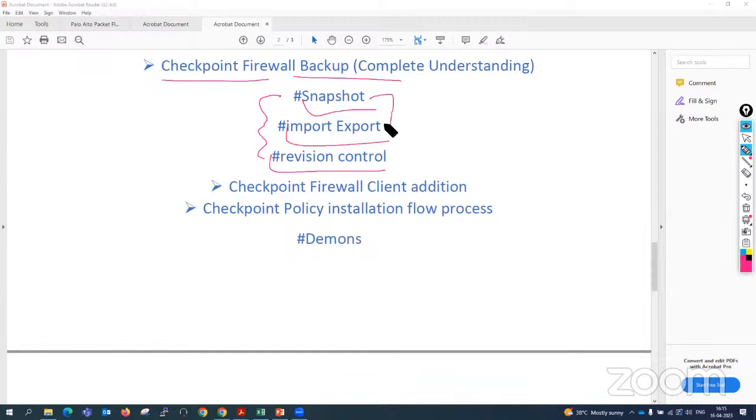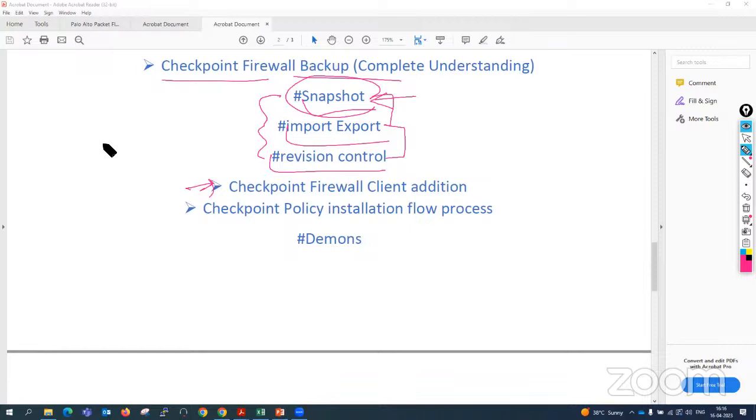In which scenario should you consider the snapshot backup, in which scenario the import export backup, in which scenario the revision control backup? I'll be telling you what benefit the snapshot will provide and in which scenario you should take them.